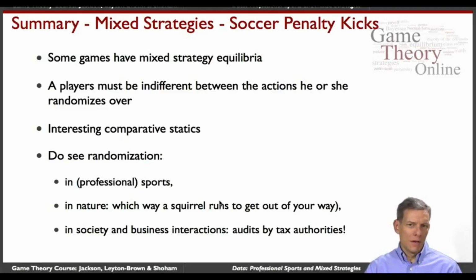If there's a cost to auditing, that's going to be a game where they're going to mix, and that randomization might help tax authorities. So there's a lot of settings where random checks, random audits are essentially optimal strategies as part of some game, and where Nash equilibria, in particular mixed strategy Nash equilibria, will help us understand those things.